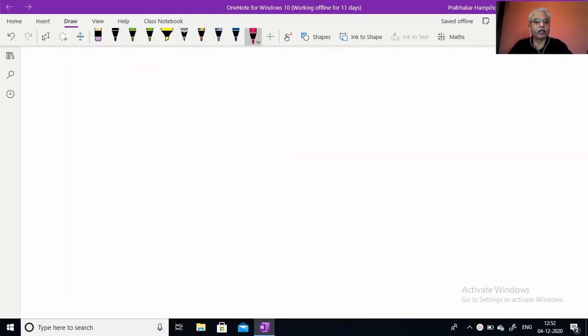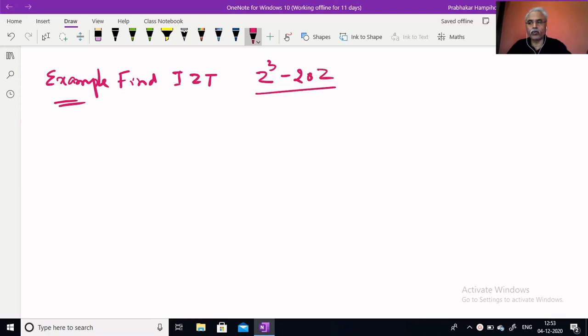I'll continue with the example of inverse Z transform. Next example, find the inverse Z transform of (z³ − 20z) divided by (z − 2)³ (z − 4). You should see what is the difference between this example and the previous example.